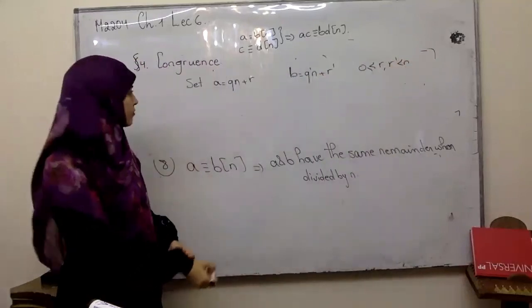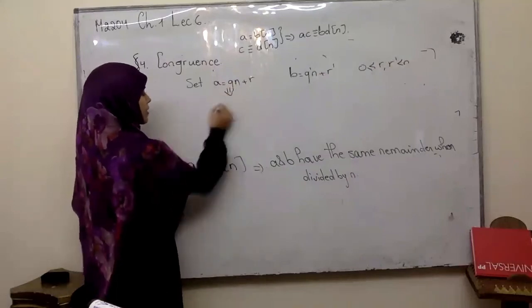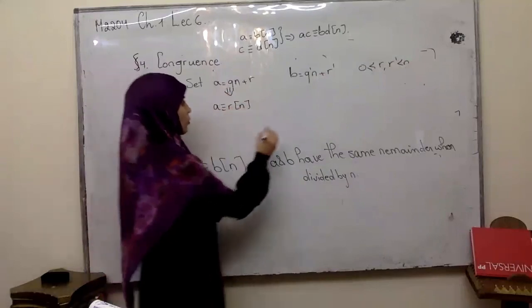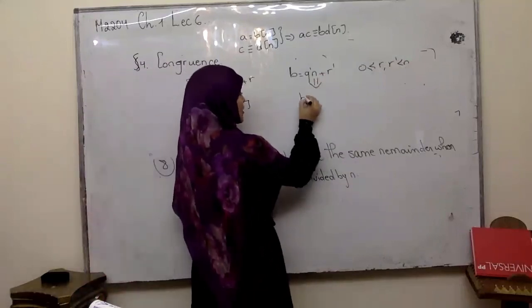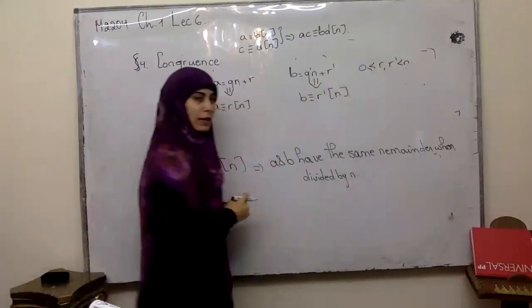We have that A is certainly congruent to R modulo N. Please stop the video and try to do the proof. And B is congruent to R prime modulo N. Right?